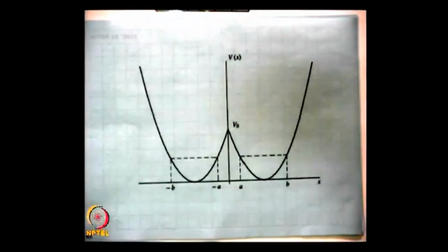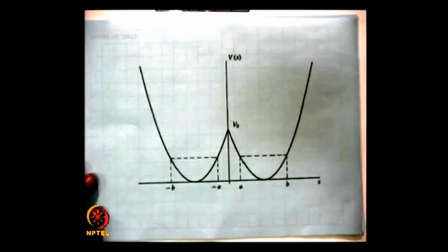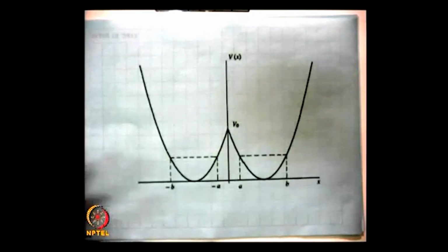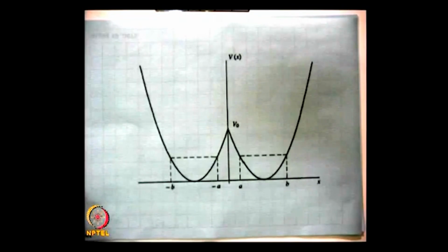It's symmetric about the origin. Such types of potential are of extreme importance in molecular physics and even in other areas. So, we will use the JWKB formalism that we have found out to solve such a problem.